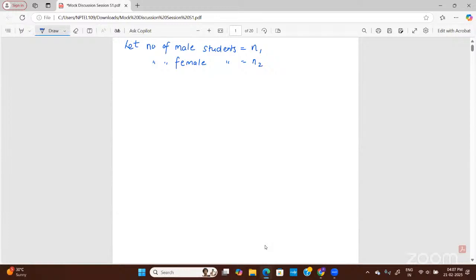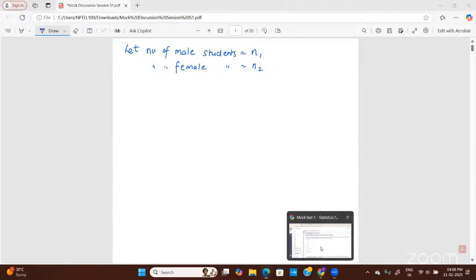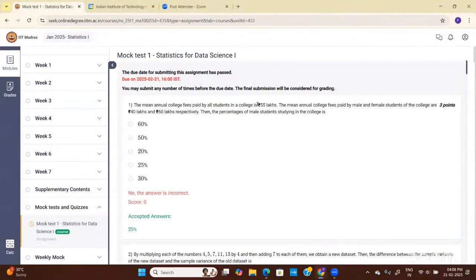We are given the average fees of the college paid by all the students, which is 55 lakhs, right? So this is for all the students. And then we are given the mean annual college fees paid by male and female students separately.